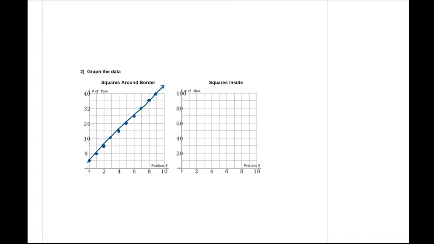In my next graph, I'm going to be graphing my second table.